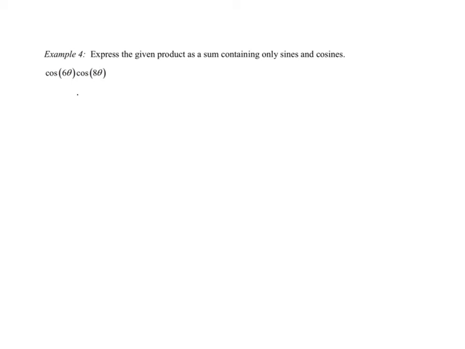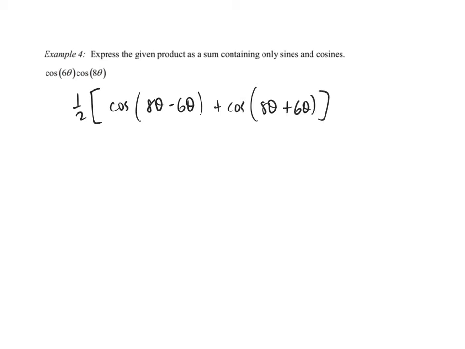So using the second formula from your first list of formulas on page 1 of the notes, this is going to be 1/2 cosine of 8 theta minus 6 theta, and then plus cosine of 8 theta plus 6 theta. And so that ends up becoming 1/2 of cosine 2 theta plus cosine of 8 theta plus 6 theta, which is 14 theta.